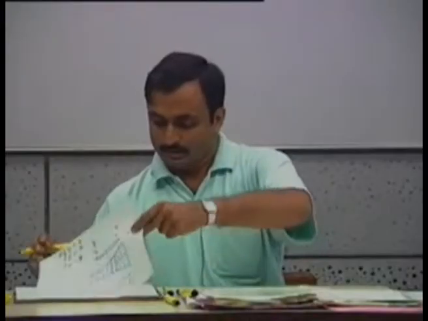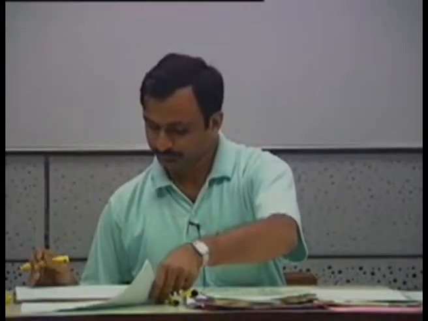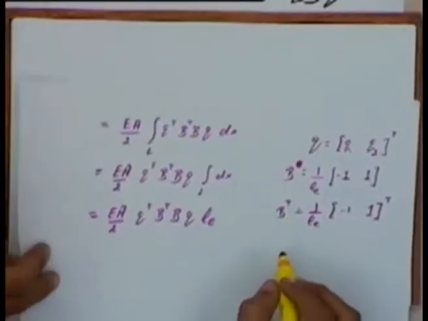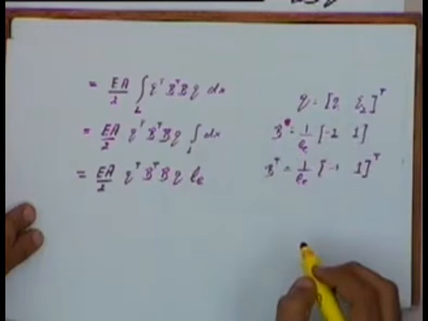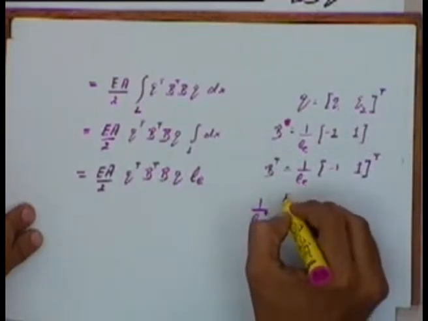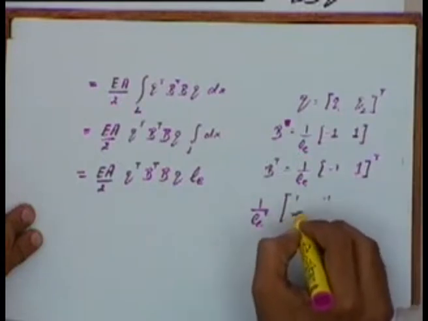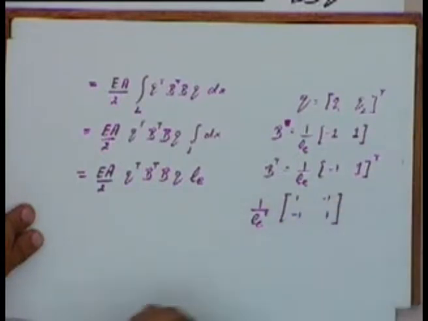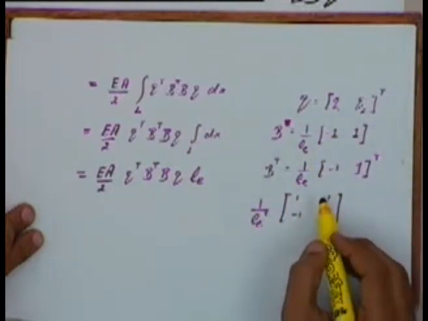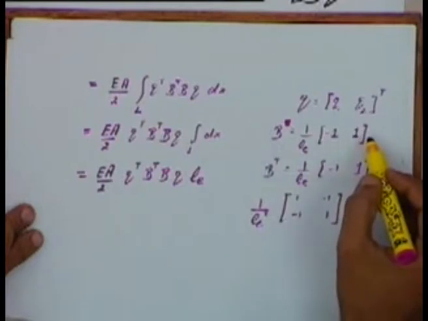So this is what we get. Now B transpose into B. If I multiply these two matrices, I'll get 1 over LE squared multiplied by 1 minus 1 minus 1 1. B transpose is a column vector of size 2, B is a row vector of size 2.